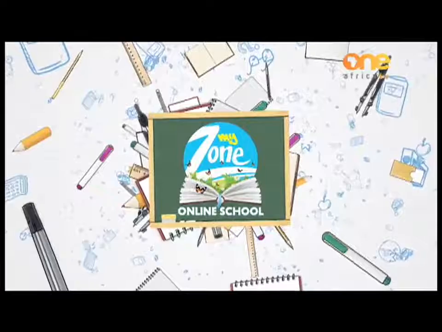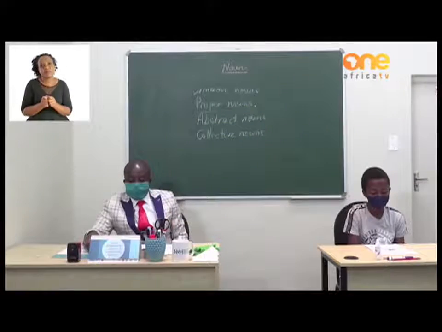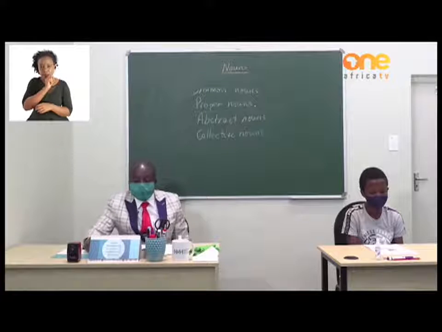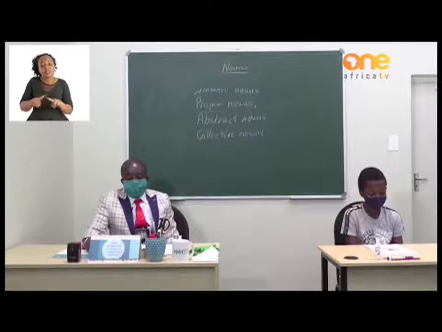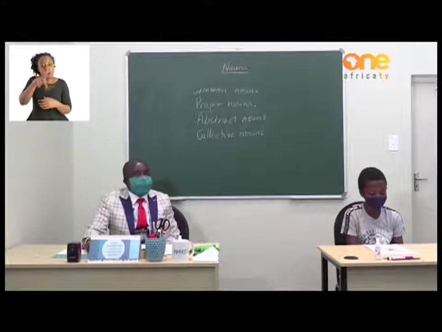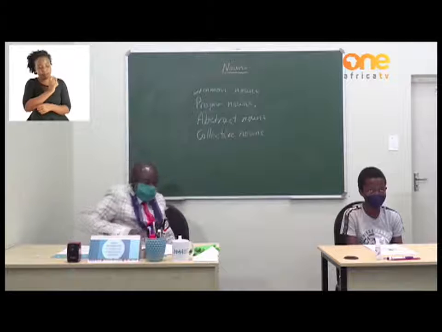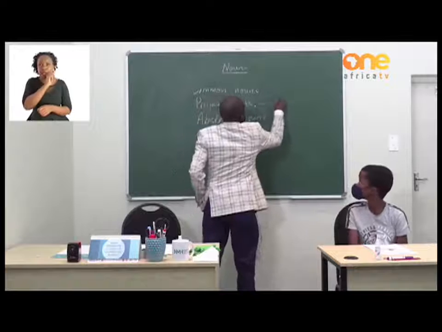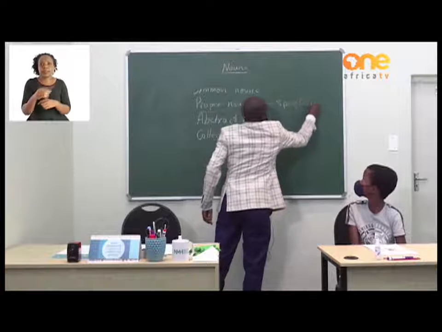I have explained the common nouns and the proper nouns, and we said the difference is proper nouns are specific names. Let me write this on the board. Proper nouns are specific names.